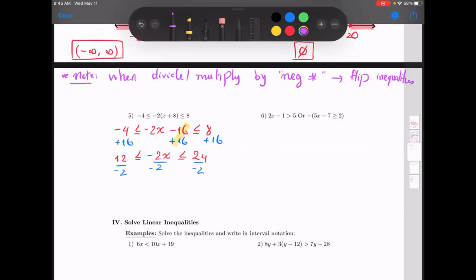When you add or subtract a negative number, you don't have to. Just only when you divide or multiply.